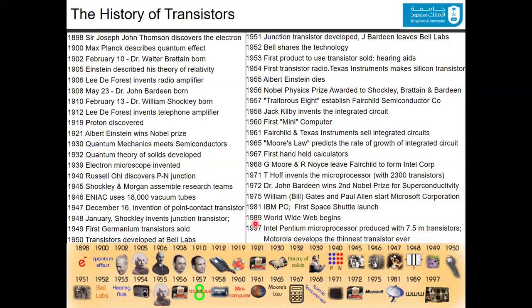So it's quite a jump from 1950. After 50 years, in 1950, we had few transistors. In about the 2000s, we had about 10 million transistors in a single chip. And in the current time, we actually have up to billions of transistors in a single chip.